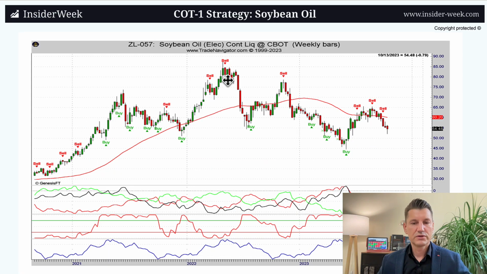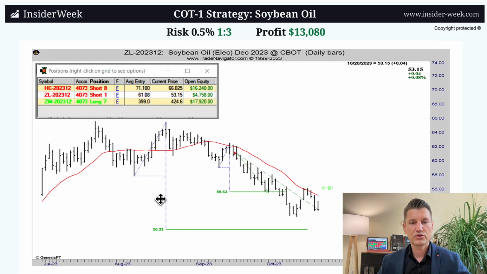Let's start with soybean oil. As you can see, we are in a downward trend on the weekly chart. The seasonal trend is also downward, and we got several sell signals based on CFTC data. Therefore, I switched to the daily chart, waited there for a trend change, for a correction and my entry pattern, and opened a short position.